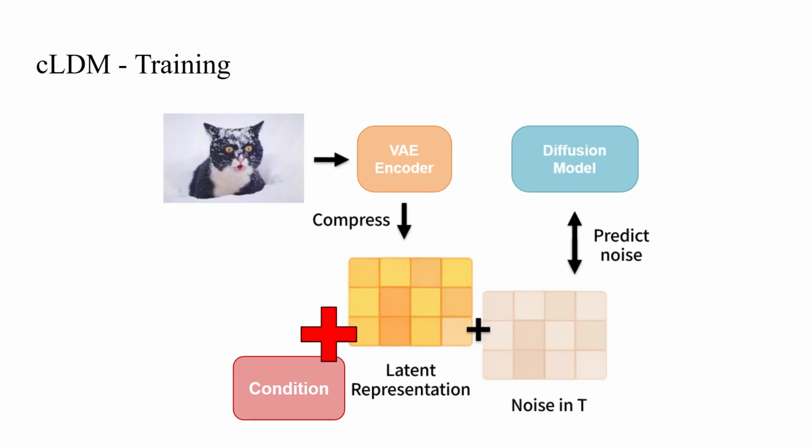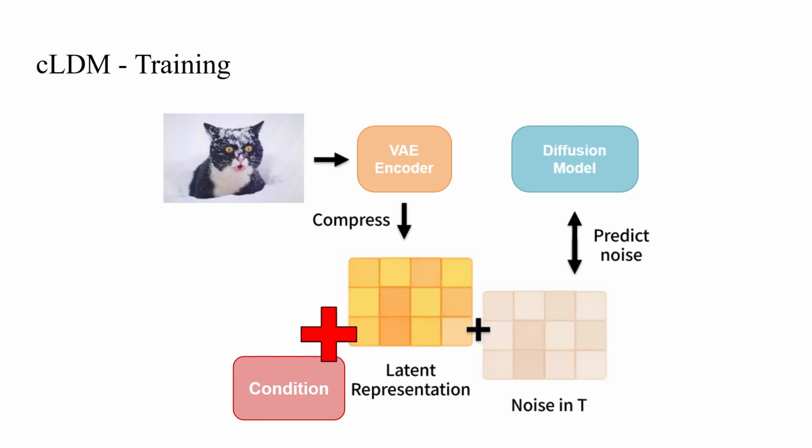And the training of cLDM is the same as the LDM. It is similar to LDM, but we add one more input, the condition. First, we take the image and pass it through the VAE encoder to get the latent representation. Then we add noise to the latent representation at a random time step.